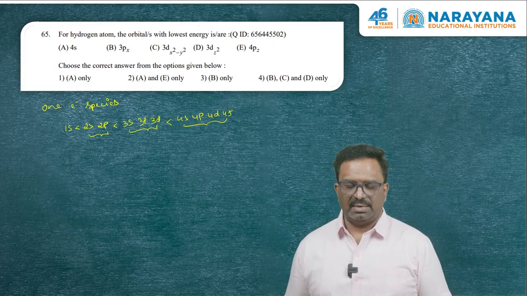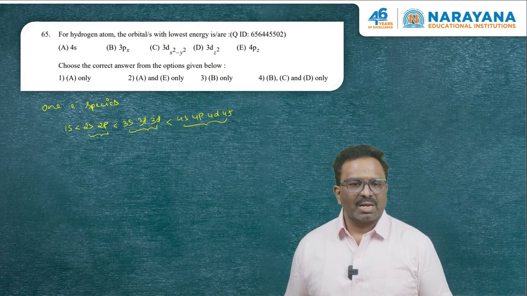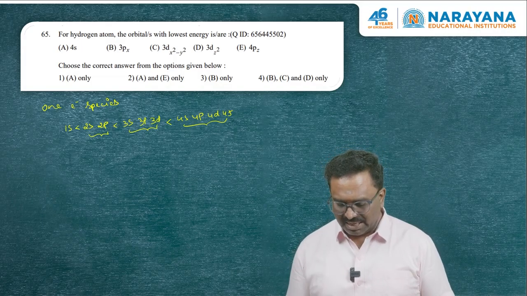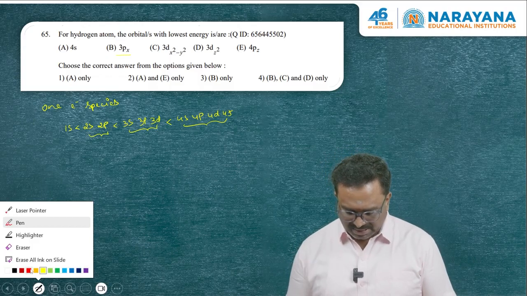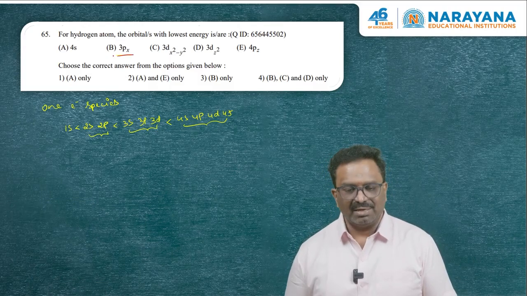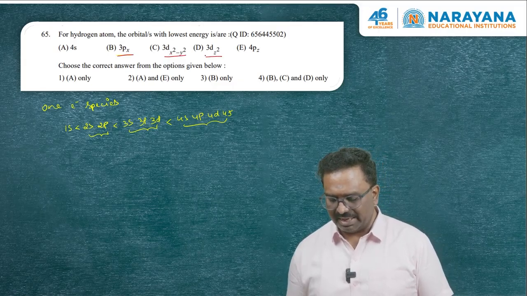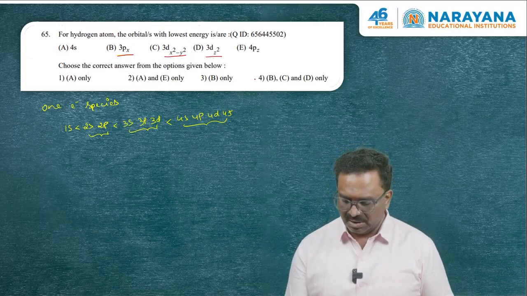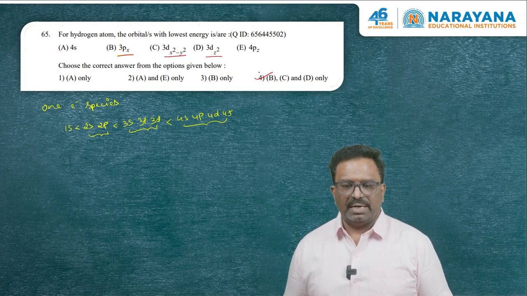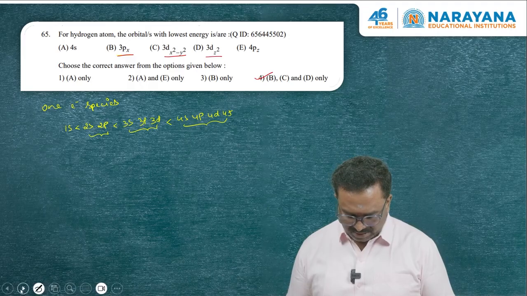We have to validate here Bohr's model for the uni-electronic species. So the lowest energy here is 3p, and also 3d. These have relatively lowest energy. So the more accurate answer is the fourth option. Now let us proceed to the next one.